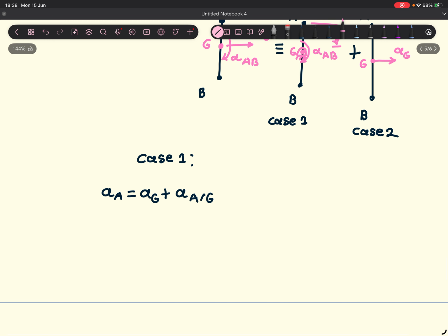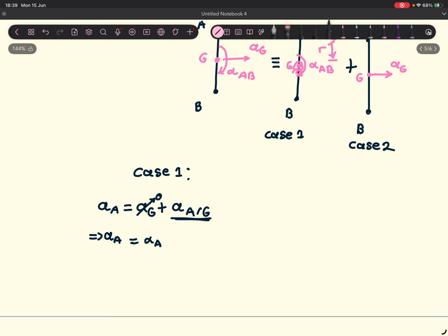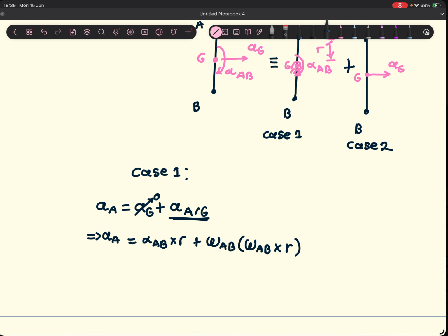So this falls away, and we're left with the acceleration of A equal to this term, which we can decompose into the tangential and normal components, which are going to be alpha AB crossed with R plus omega AB crossed with omega AB crossed with R. Okay, that's for case 1.